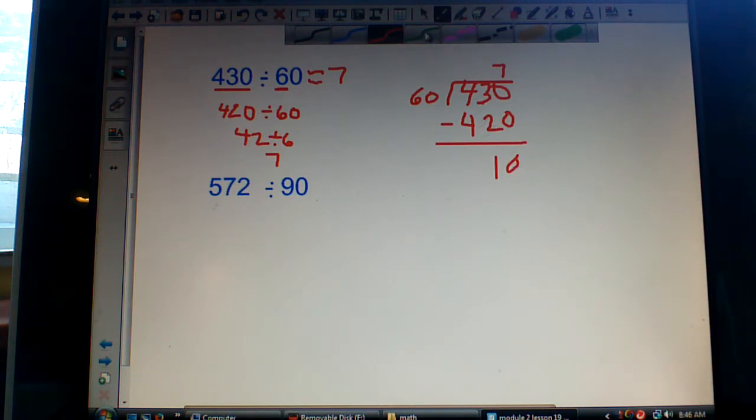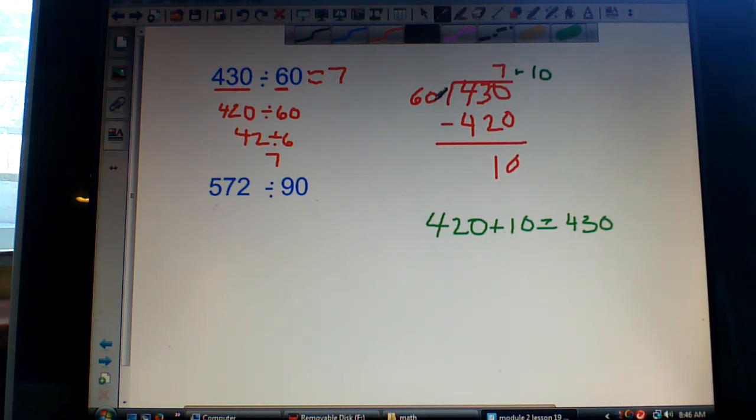Okay? So you know how you would write your remainder 10 here? So now they want an algorithm at the end to prove this. So this is your written form. So you would do 420 plus 10 equals 430, right?